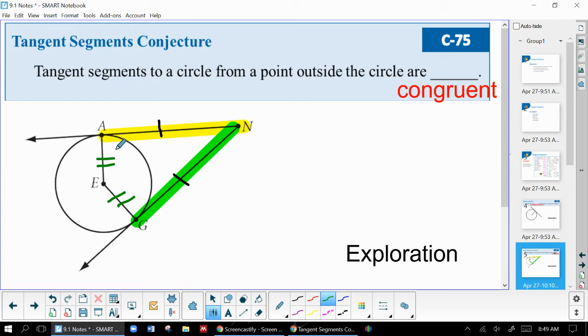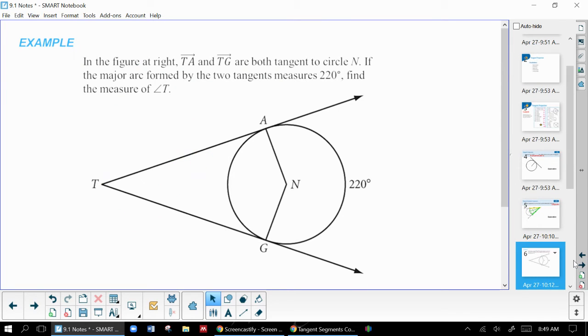And in this situation, because these are radii, these are 90-degree angles. So not only do we have a kite, we have a kite with 90-degree angles. We have two right triangles. We could use any of that trig stuff we learned about earlier to solve these. We could use the Pythagorean theorem on this. Lots and lots of different things that we could do with this picture once we know that these are tangent lines. So let's take a look at some of the examples you're going to see.